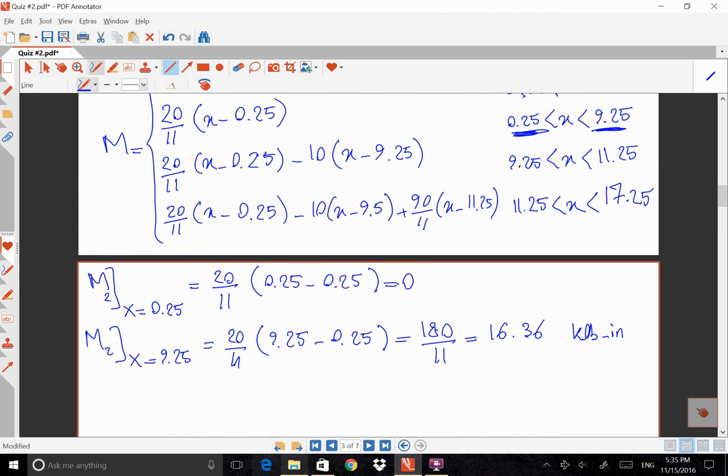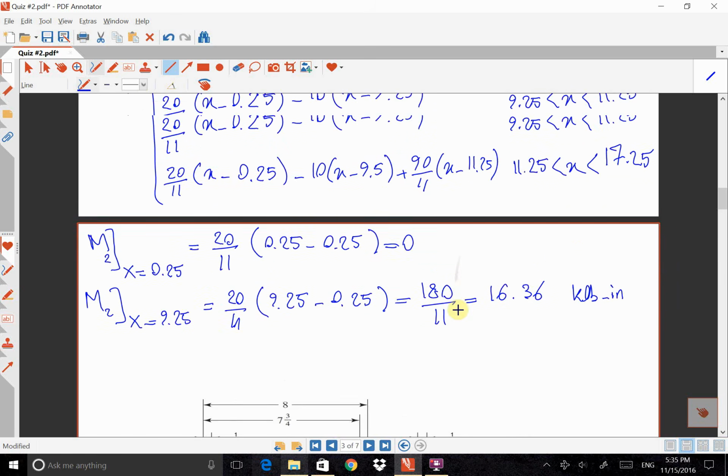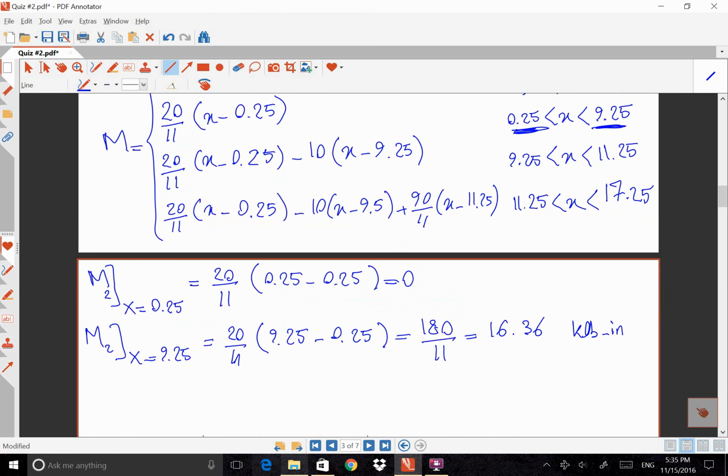I'm going to do the same thing for the third region. Again, the highest order that we can see here is 1, so that's a line equation.